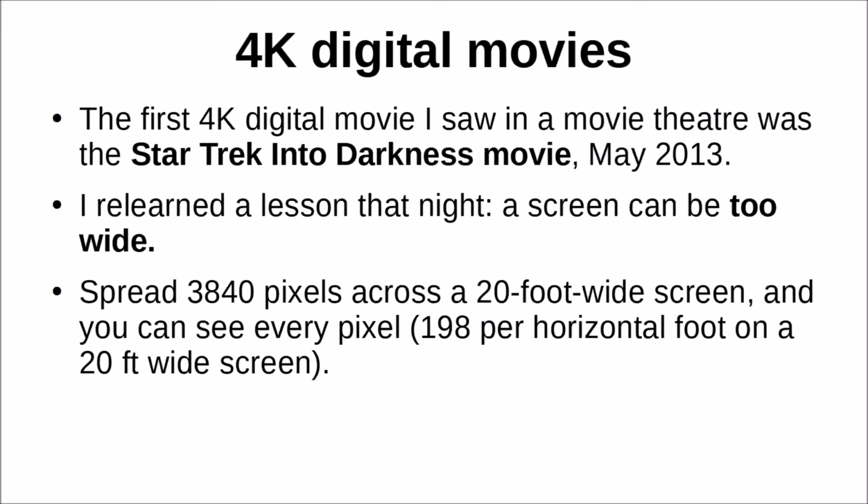Well, look, remember what I said, that the horizontal dimension of a 4K frame is 3,840 pixels. Spread that out across the screen that's 20 feet wide in a movie theater, and you can see every pixel because you're seeing 198 per foot on a 20-foot wide screen. It was a little bit disheartening.